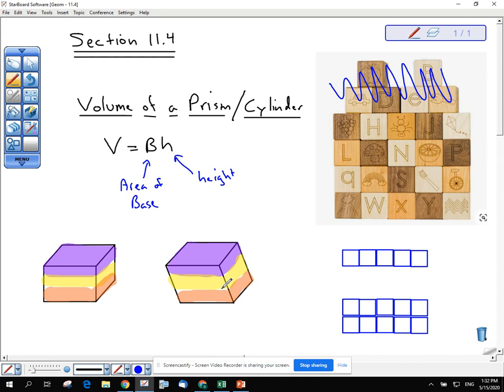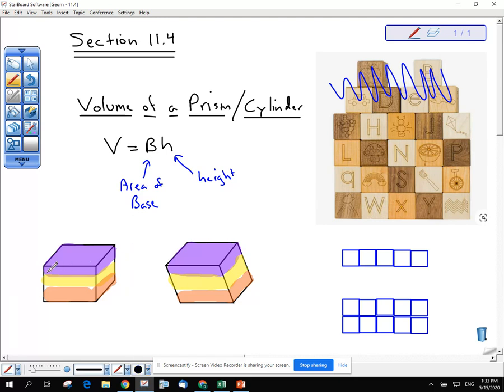But basically, we want to point out that this figure would have a certain volume, and if I came here with my hand and knocked all the paper to the side so that it looks like this, the volume didn't change, okay? So when we say that volume is capital B base times height, and the capital B base is, let's say, the square that is the top of this figure, the height is still the height.